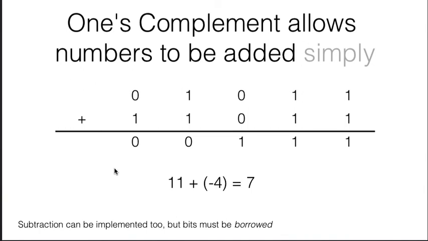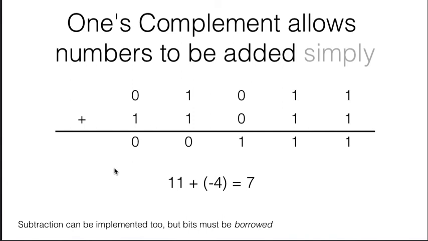Okay, which is, in this case we have, look at a separate example. We have again 3, this is 11 plus minus 4. And the answer comes back with 7, which is correct.